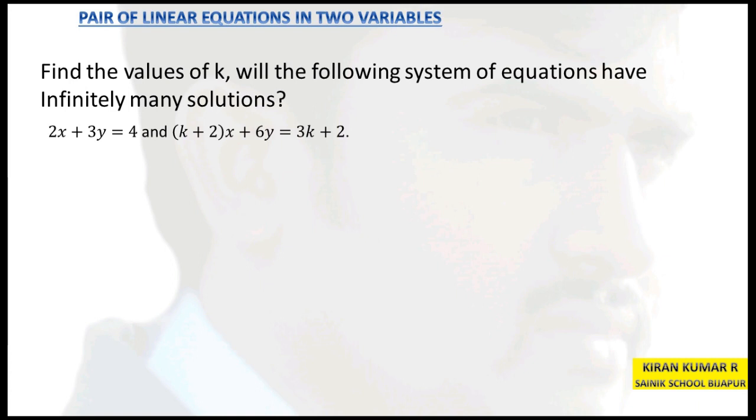The equations are 2x plus 3y equal to 4 and k plus 2 times x plus 6y equal to 3k plus 2. They are given that the required condition is infinite number of solutions.